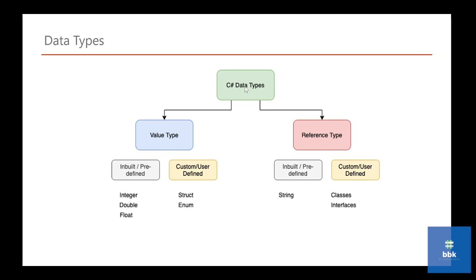Now, the question is, what is a data type in the first place? Wherever you are storing data inside your program, you need to store it in a container. To store the data, you need to store it somewhere so that you can retrieve it and use it later on. Where you store it needs to be of a type.